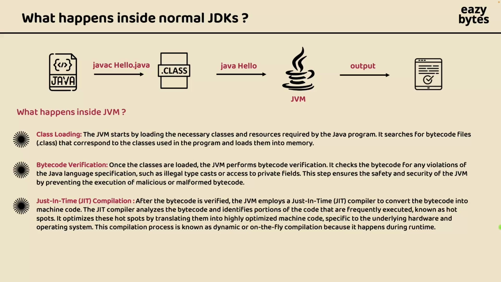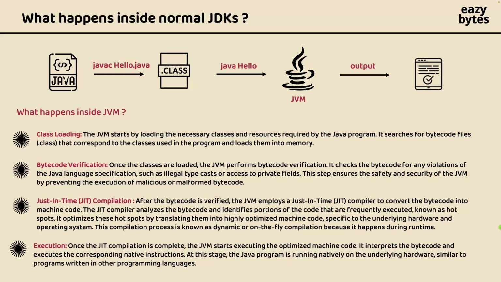Of course, there will be a lot of optimizations done by this JIT compilation so that it doesn't have to unnecessarily convert all the bytecode every time. That's why our Java programs work without any performance issues. Now, after this JIT compilation is completed, whatever machine code is available will be executed by the JVM with the help of the native processor. So this is what happens in a normal JDK.